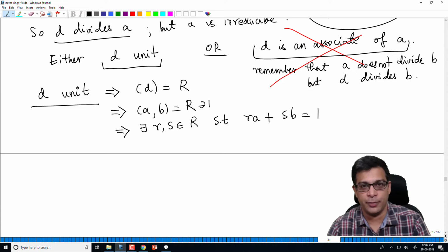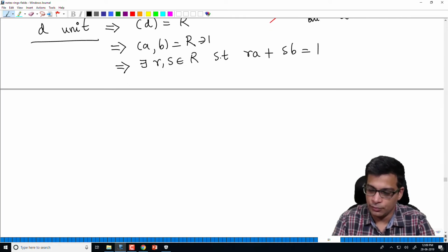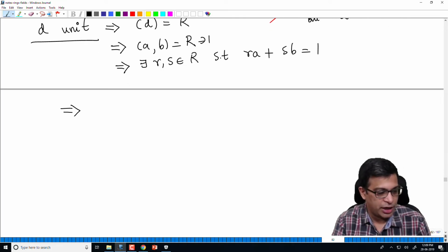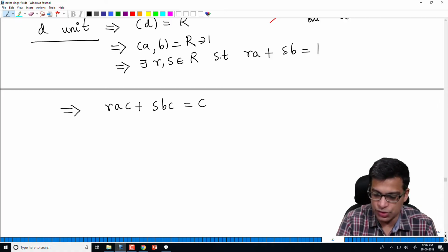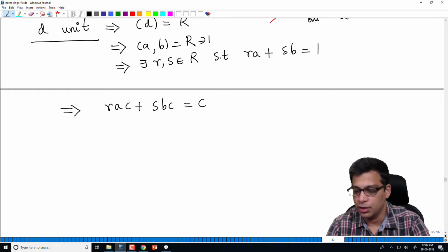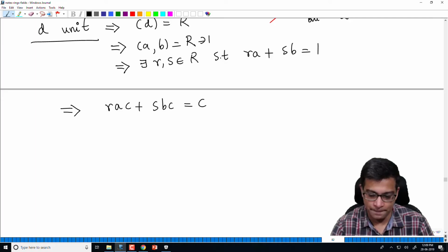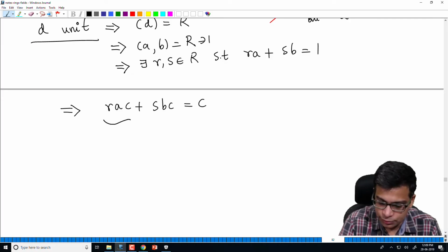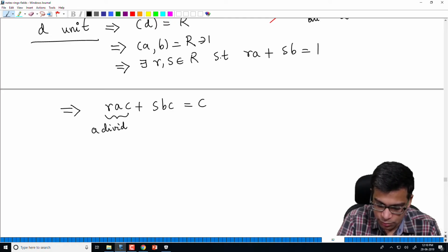Any arbitrary element of the ideal generated by A and B is of the form RA plus SB, where R and S are two ring elements. But that means I can multiply both sides by C to get RAC plus SBC is equal to C. I am just simply multiplying this equation by C. But now note that this term, A divides this term by definition, right?